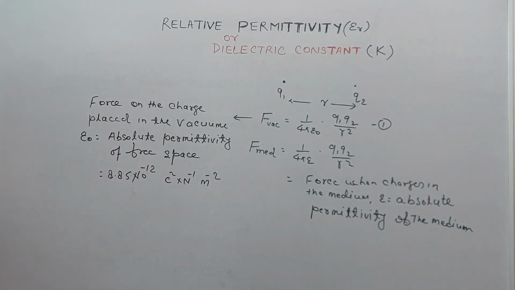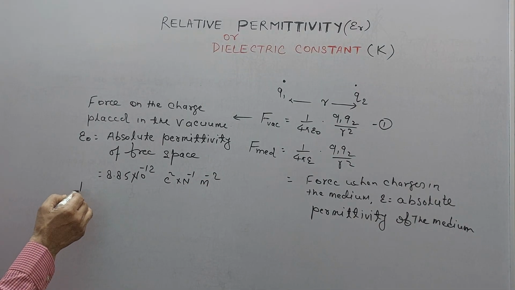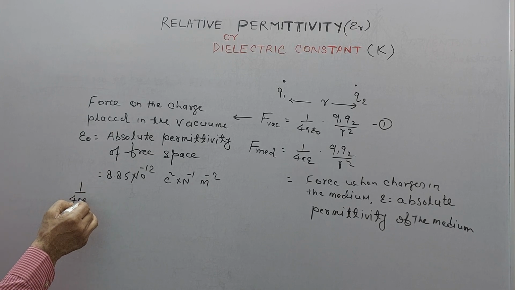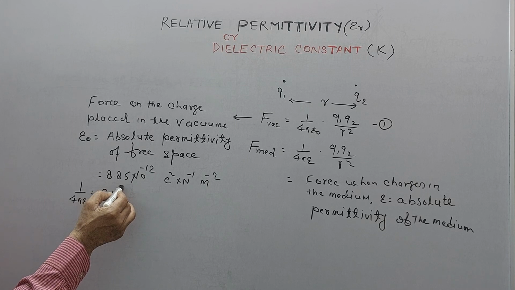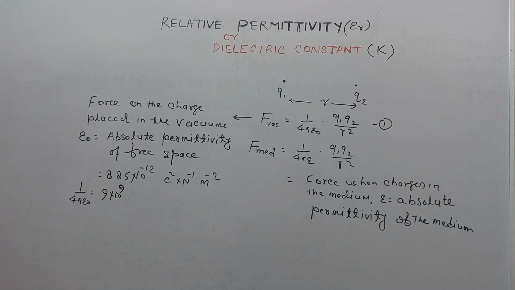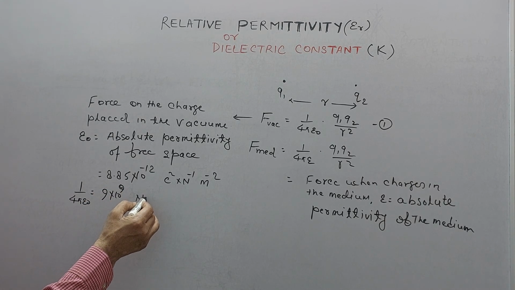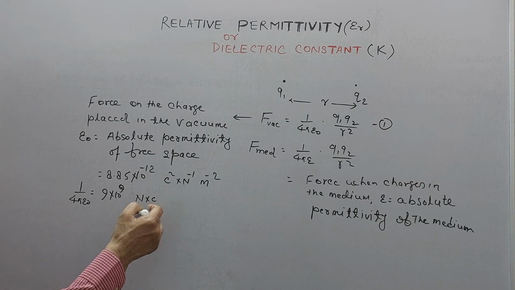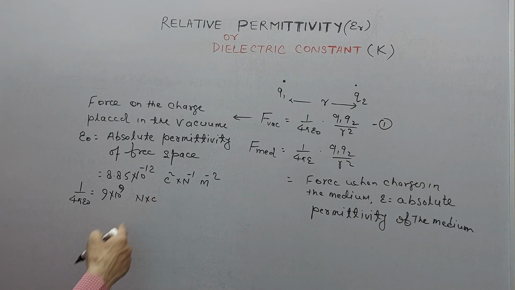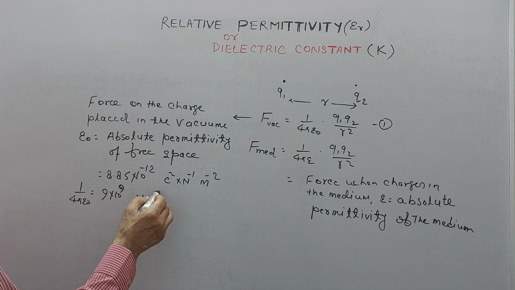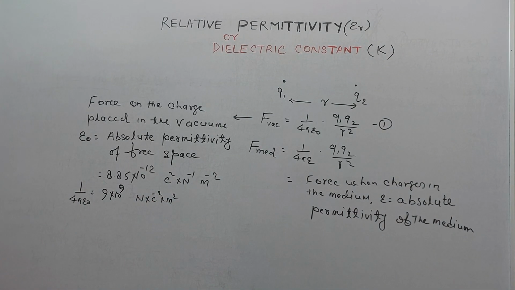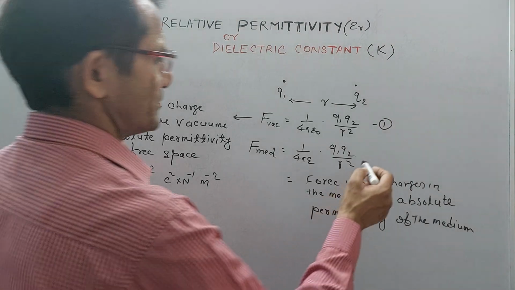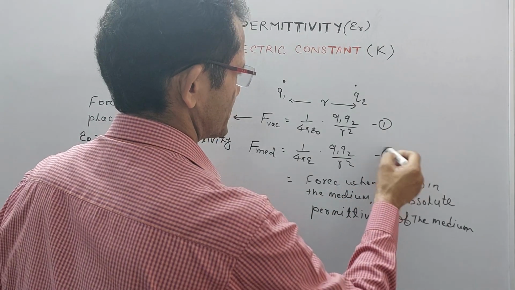We also know that 1 upon 4 pi epsilon naught has the value 9 into 10 raised to the power 9 newton meter square coulomb raised to the power minus 2. So this is the value of 1 upon 4 pi epsilon naught. This is our equation number first.